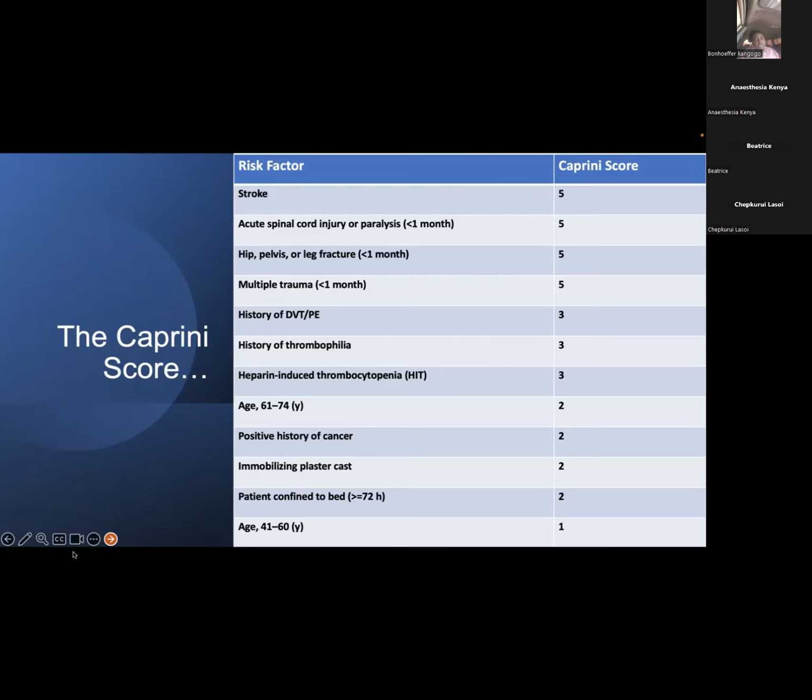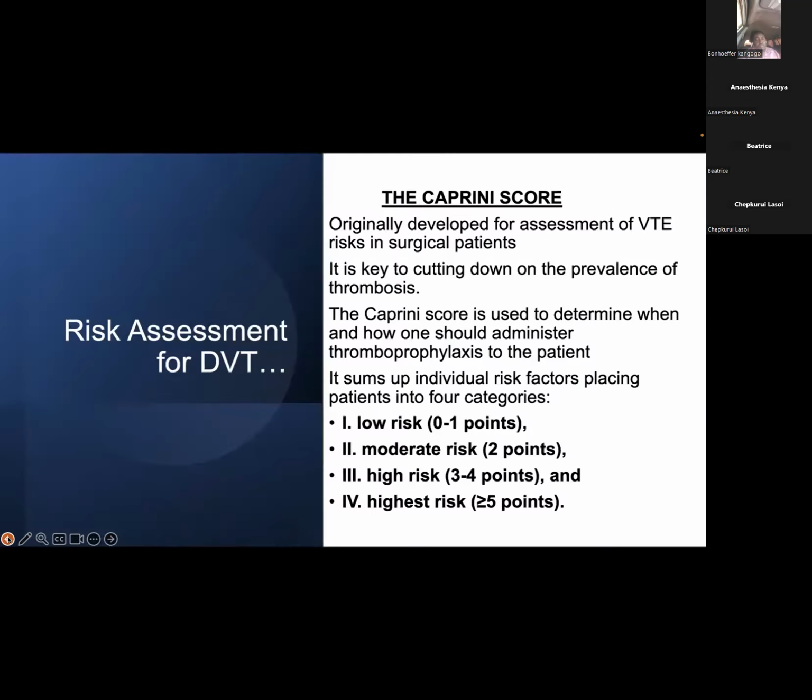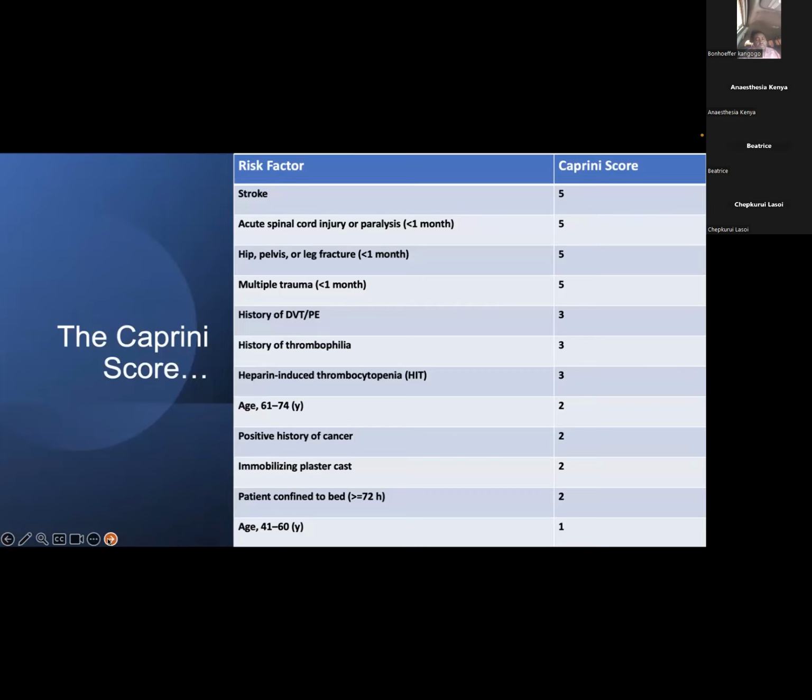And when they score 3, as I have said, it means that they are at high risk, and that's the kind of patient you should give thromboprophylaxis. Then, a patient who has a history of thrombophilia is high risk.